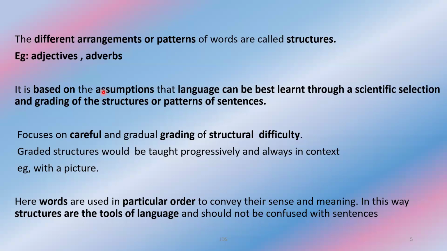It is based on the assumption, the belief, that language can be best learned through a scientific selection and grading of the structures or patterns of sentences. So this is what they believe. All the different grammatical structures found in that language should first be selected and then graded according to the level of the learner.